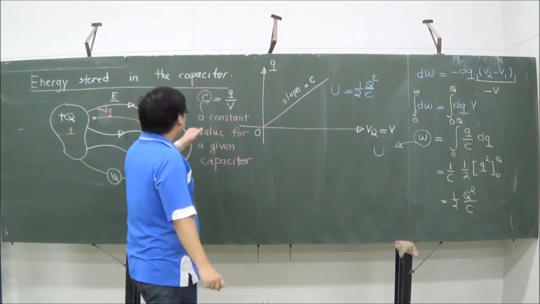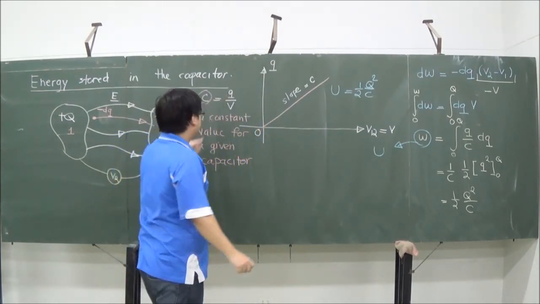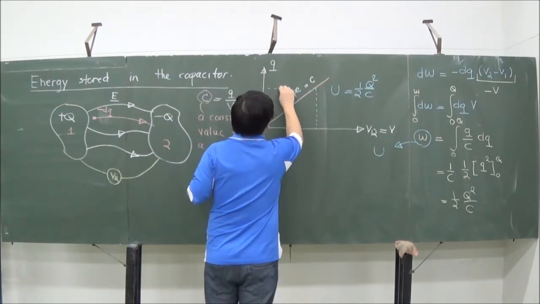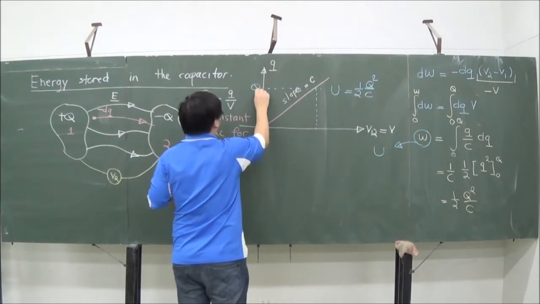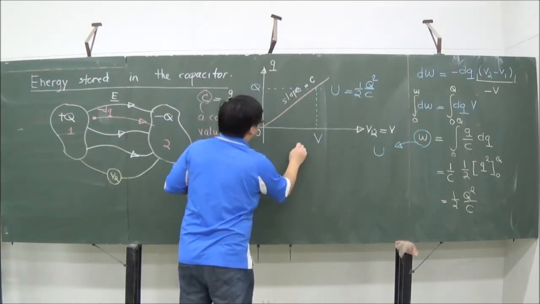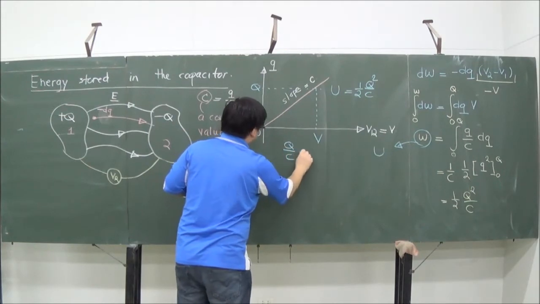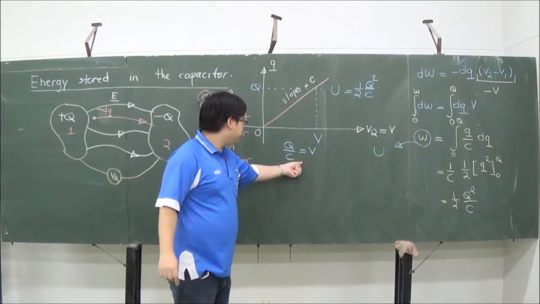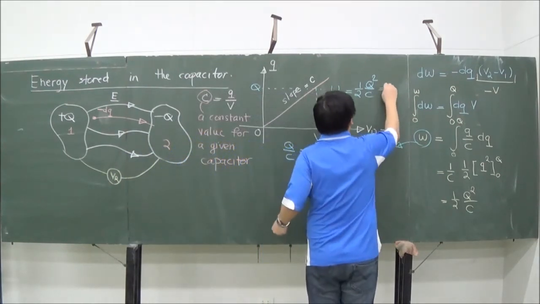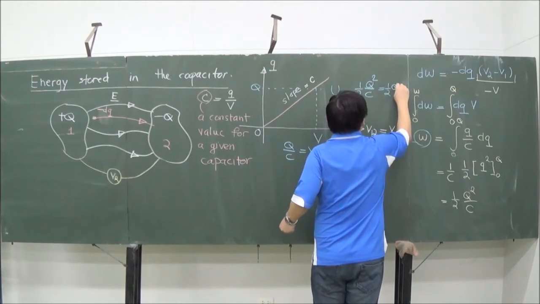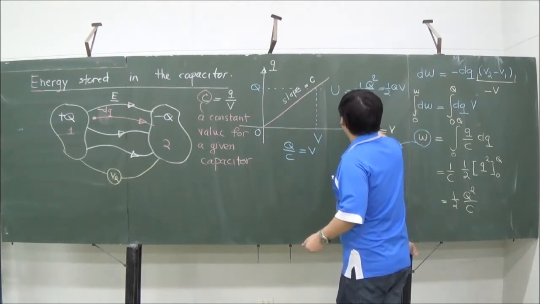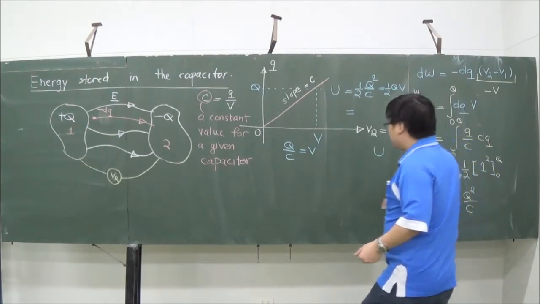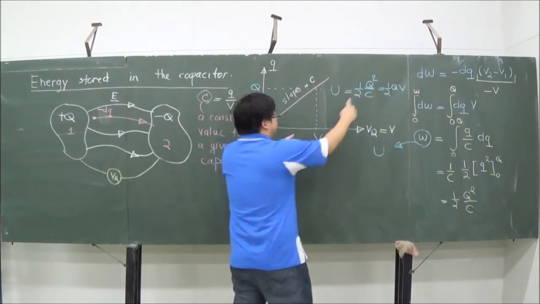And you see that Q over C is V. So I'm using this relationship to change this into a half QV, or I could even write Q equal to C times V and plug this in.